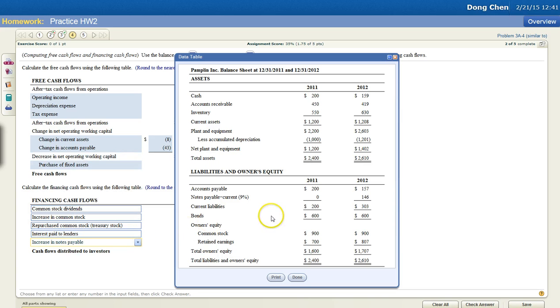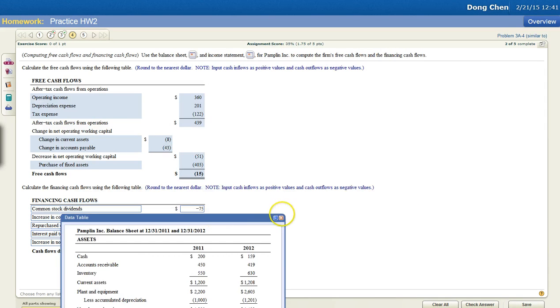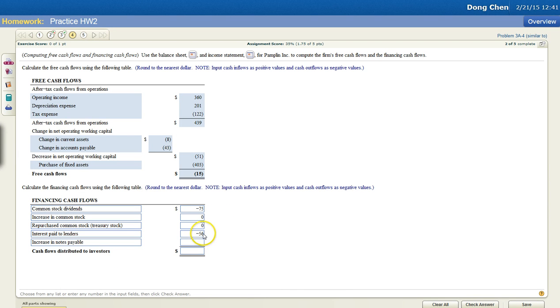So for that part, based on the balance sheet, it's 146, right? Going up from 0 to 146. So it's going up, which means that the firm issues more notes payable during the year. If the firm issues more notes payable, from the firm's perspective, that's a positive cash flow, 146.